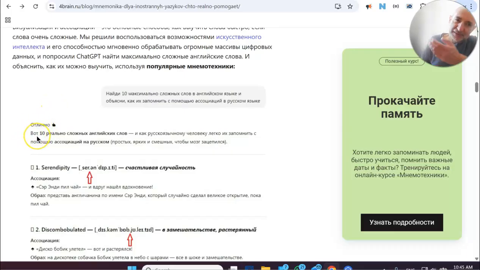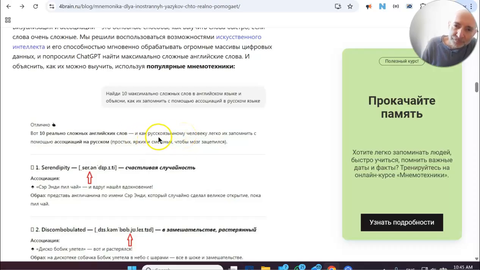So, вот means here are 10 really complicated English words and how русскоязычному человеку. Yeah, so человек means person. Русскоязычному means Russian-speaking.